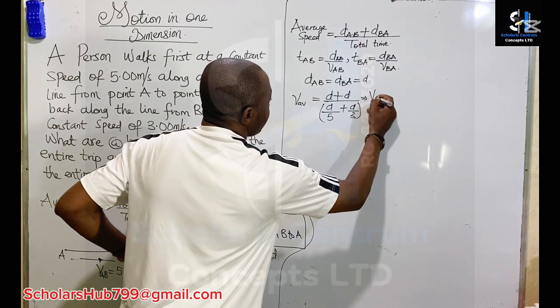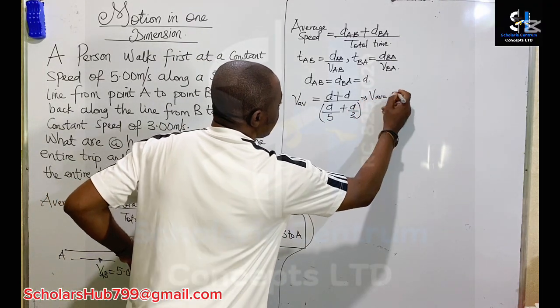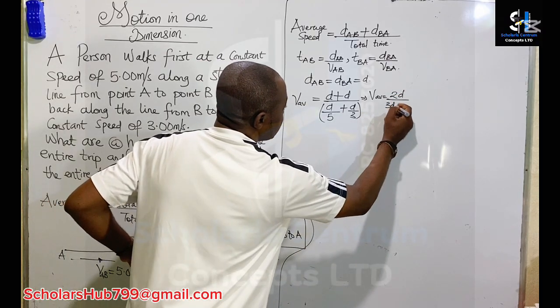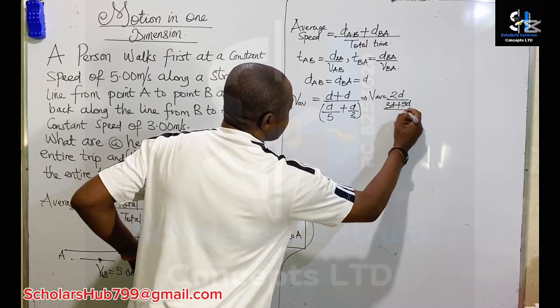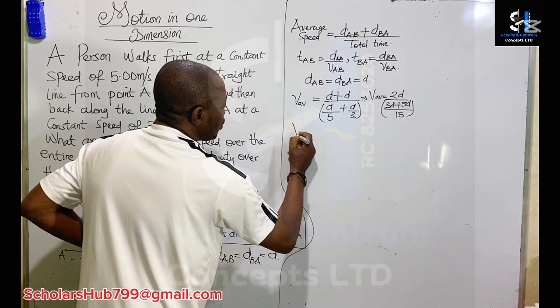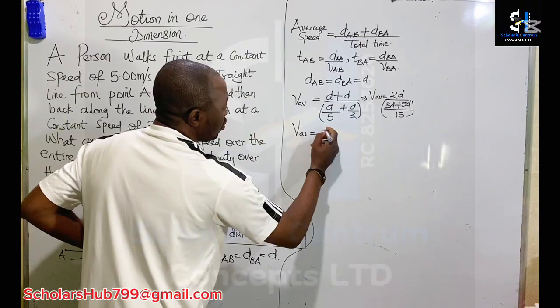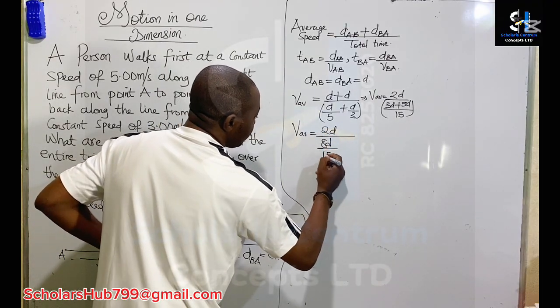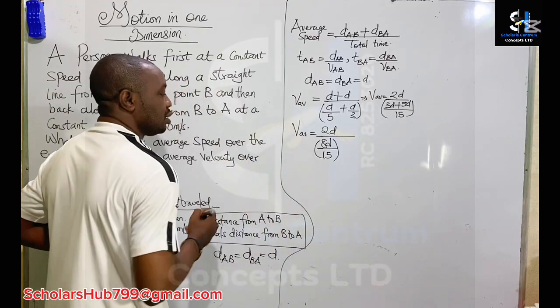So we have V average that will be 2D all over 3D plus 5D over 15. So V average will be equal to 2D over 8D over 15.